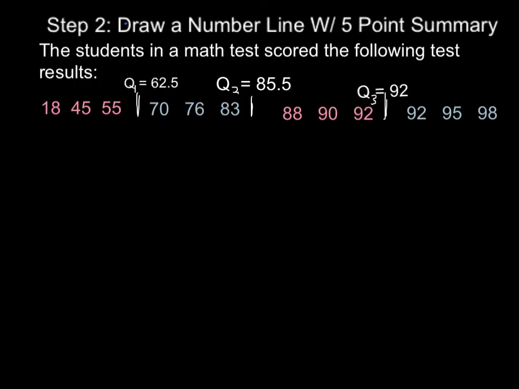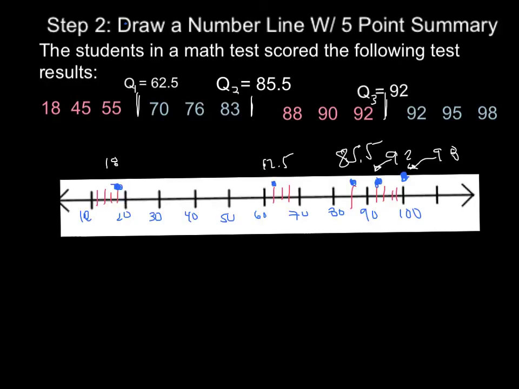Our next step is going to be to draw a number line with a 5-point summary. Those 5 points, once again, are your lower extreme, quartile 1, quartile 2, quartile 3, and upper extreme. I, of course, did not pick super easy points to graph for myself. But you can see that I have my 5 data points graphed.